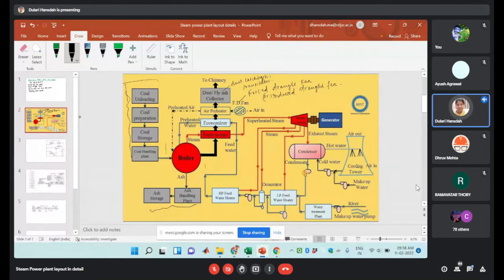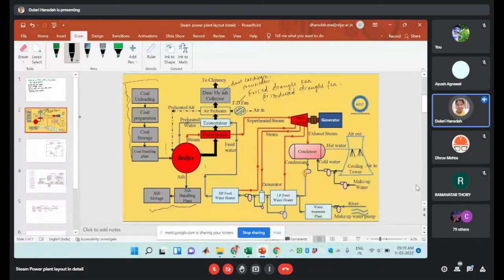That is the cogeneration we can say. Okay, so that steam will be collected from in between the expansion process, and the feed water temperature will be increased in this feed water heater.